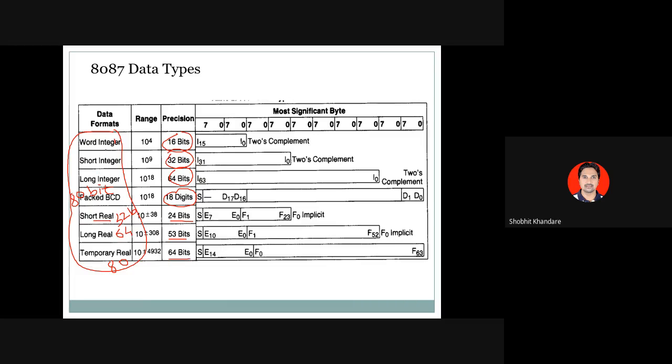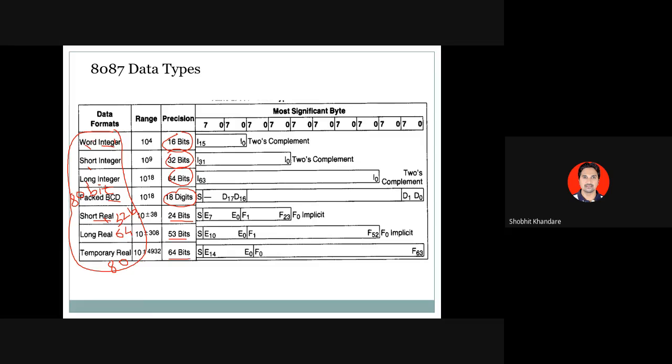And one more thing, integer, BCD, and real. So can I say your 8087 handles integers, BCDs, and real numbers? और उसके साइज के हिसाब से word, short, and long.